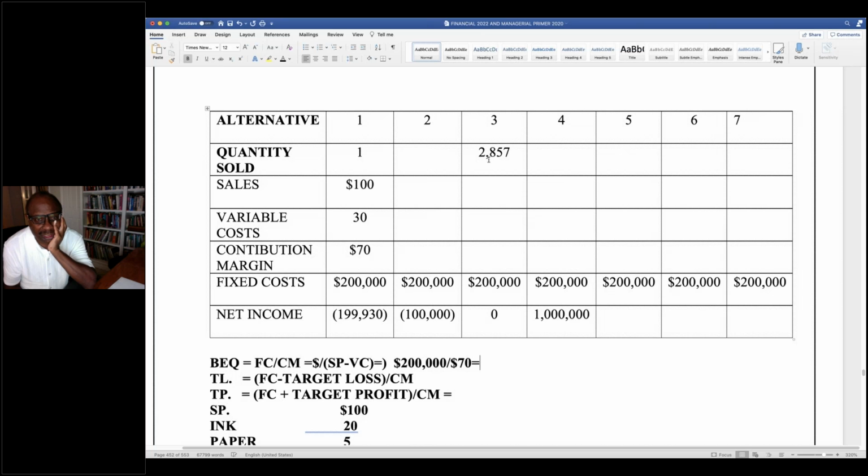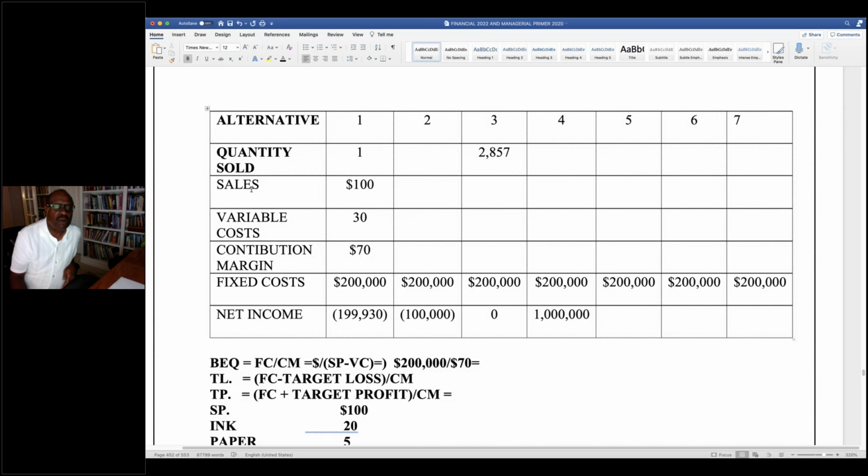Wait, so you divided 200,000, the fixed cost, by the 70, the contribution margin. What about the selling price minus VC? Oh, that's what that is. Selling price minus VC equals 70.